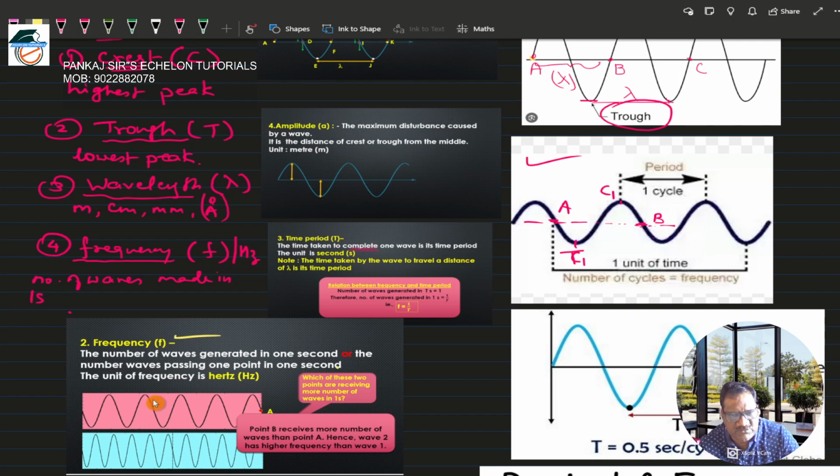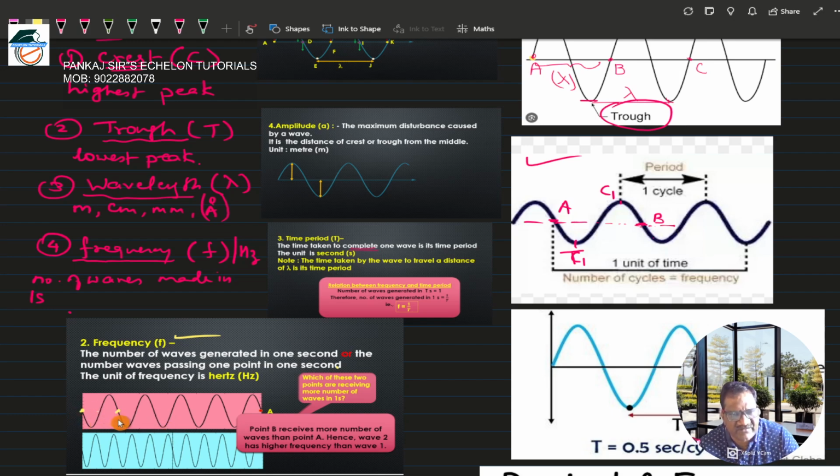Now if you see these two waves, at the top you can see that the frequency is less, and at the bottom there's another wave whose frequency is more. How can we say that? Suppose this is the starting point. From here to here there will be one wave.